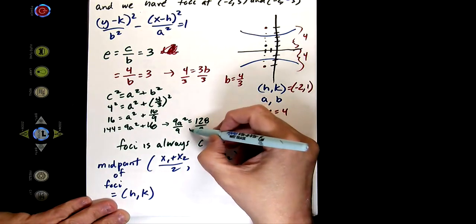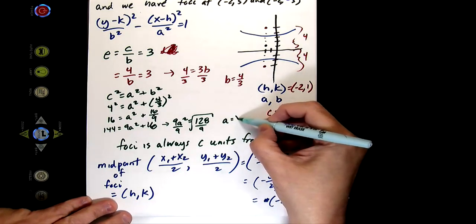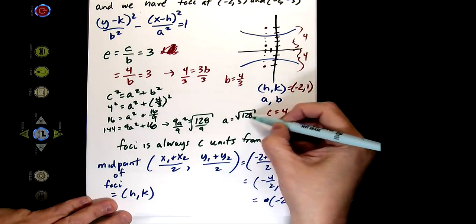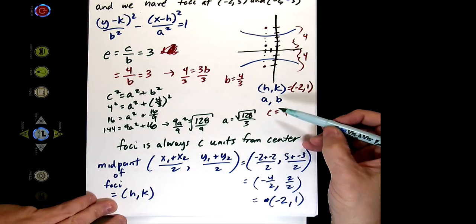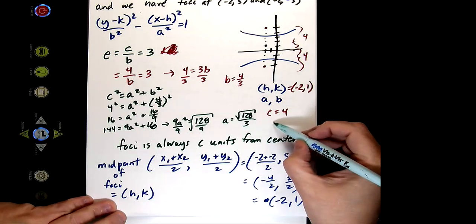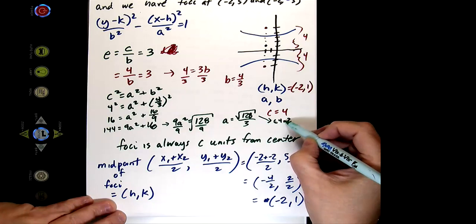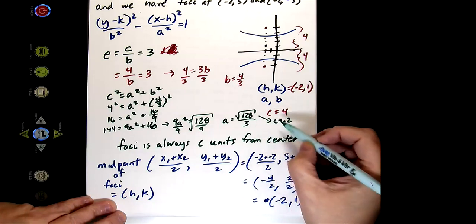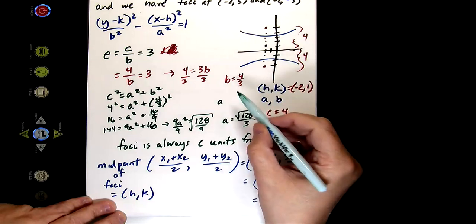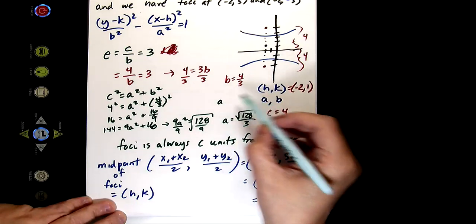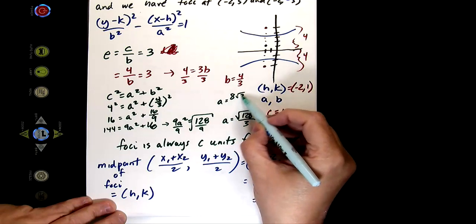And I'll take the square root. A equals the square root of 128 over square root of 9, which is 3. 128 is 64 times 2, which means this is effectively A equals 8 root 2 over 3.